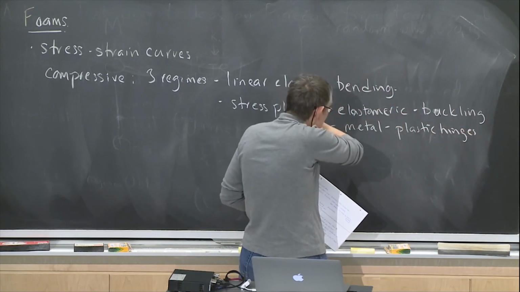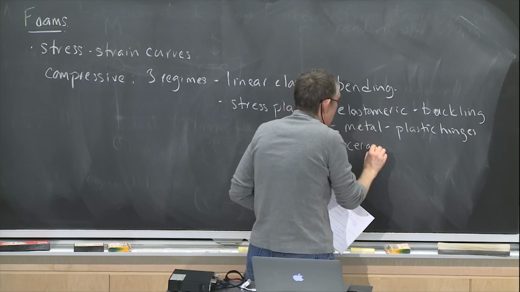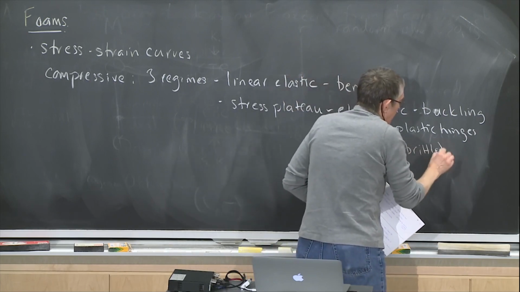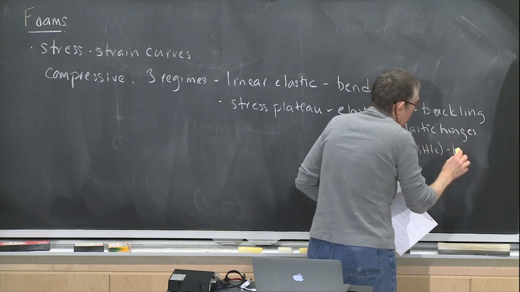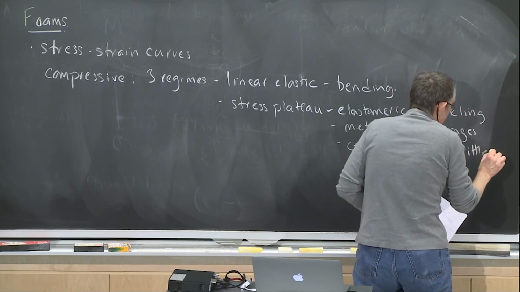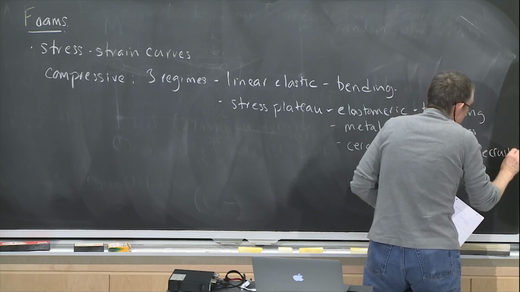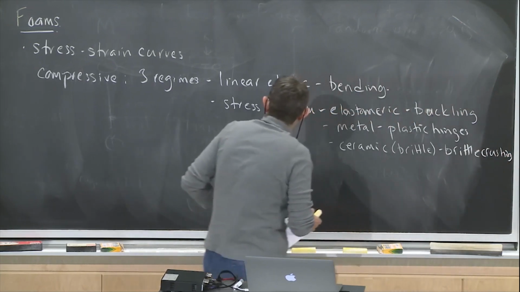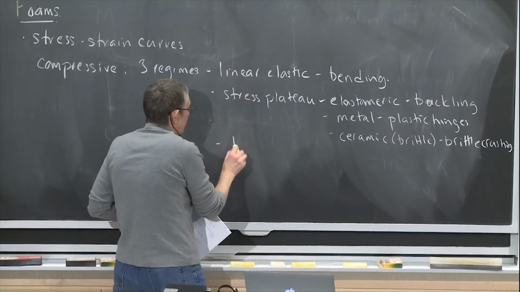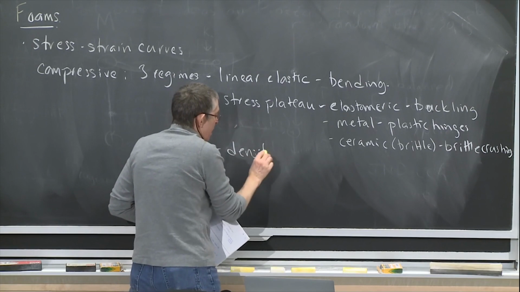And then for ceramic or brittle foams, it corresponds to brittle crushing, so fracturing of the cell walls. And then if you load the foam up to higher strains and higher stresses, eventually you get to densification.